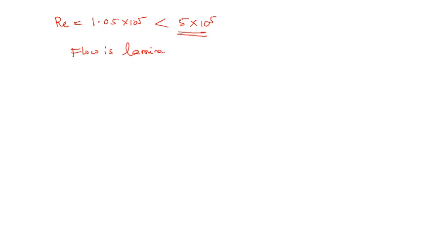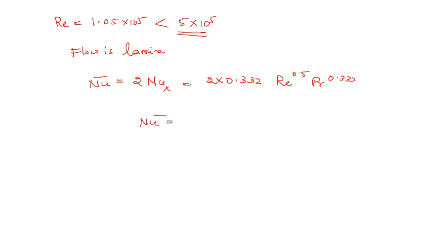So the correlation used is Nusselt number local equal to 0.332 Reynolds to the power 0.5 and Prandtl to the power 0.33. So Nusselt number average is equal to 0.664 into Reynolds number, which we got as 1.05 into 10 to the power 5, to the power 0.5, and Prandtl number 0.696 to the power 0.333.